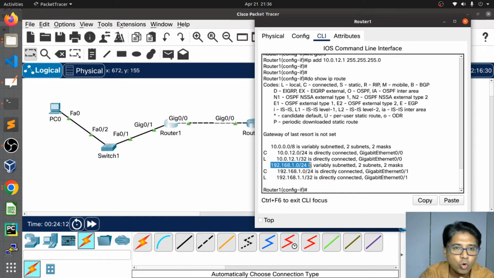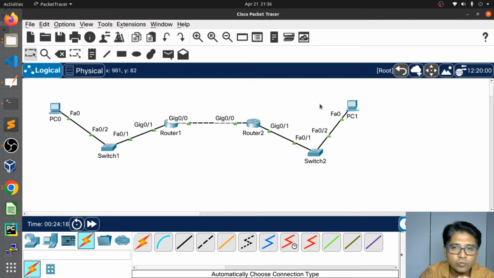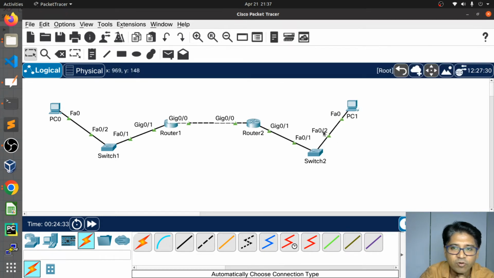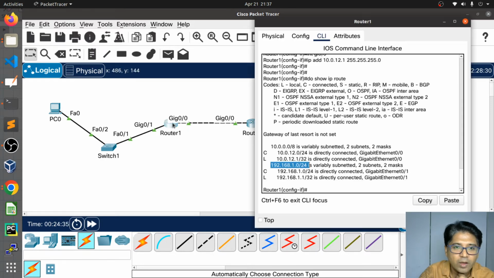It doesn't know the route about LAN 2. Are you agreed, Manmohan? Do you understand? Yes, sir. In the routing table there is no route available for LAN 2. So R1 is able to reach LAN 1, but LAN 2 it is not able to reach.